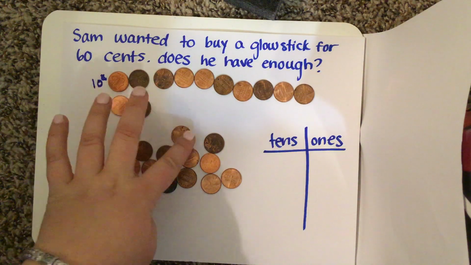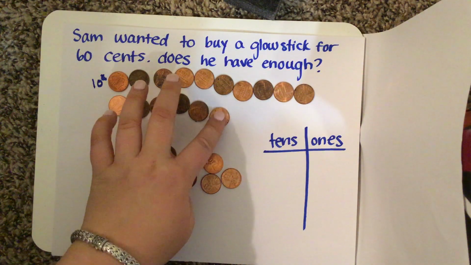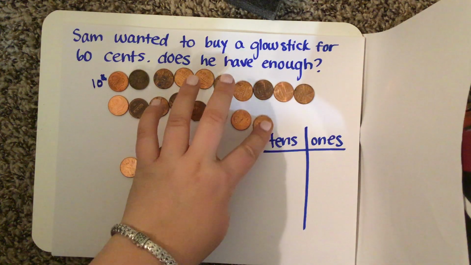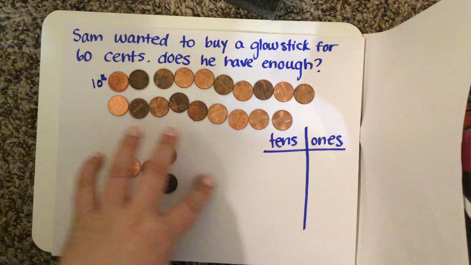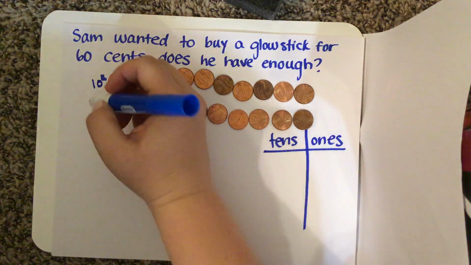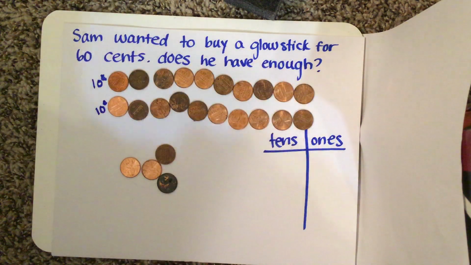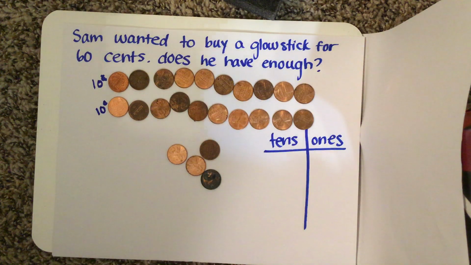1, 2, 3, 4, 5, 6, 7, 8, 9, 10. What do we have, boys and girls? We have another bundle. 10 more cents. Here below I see some pennies.